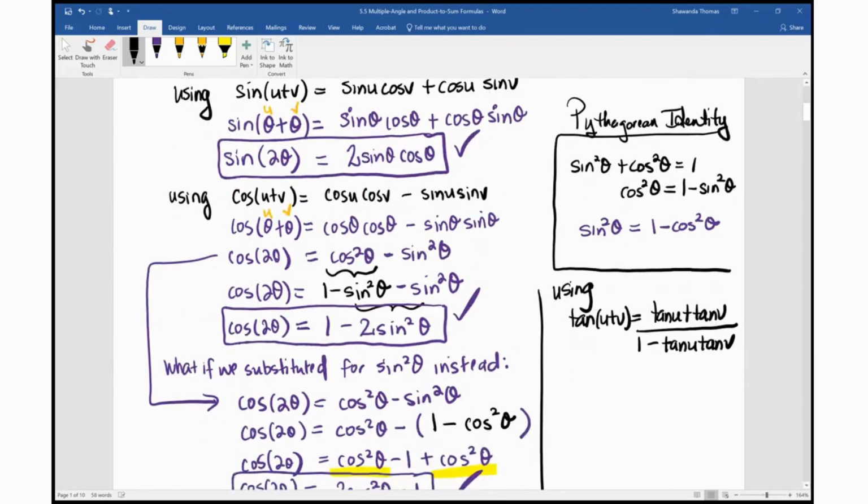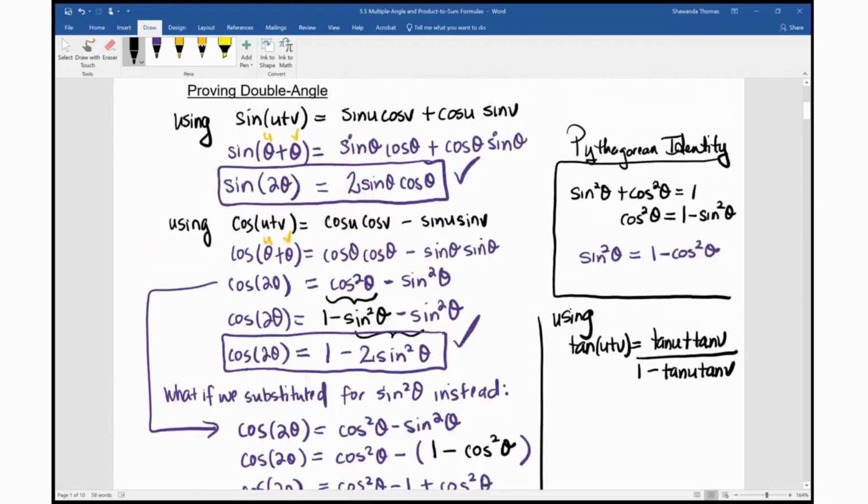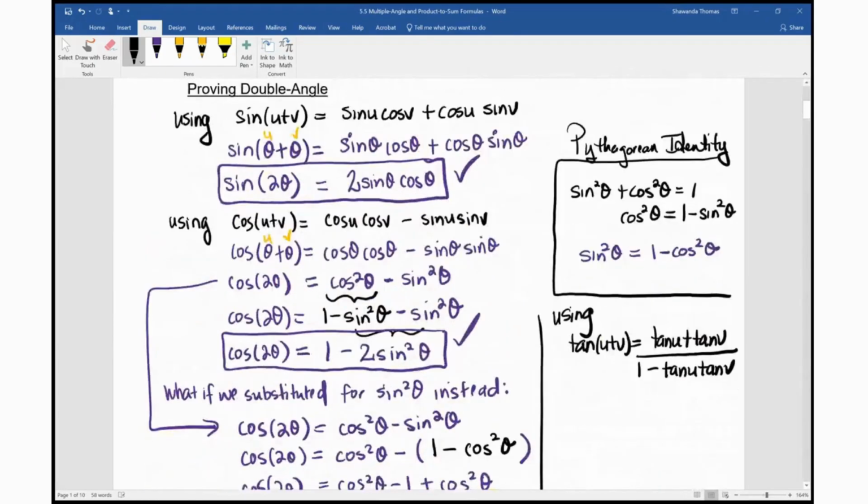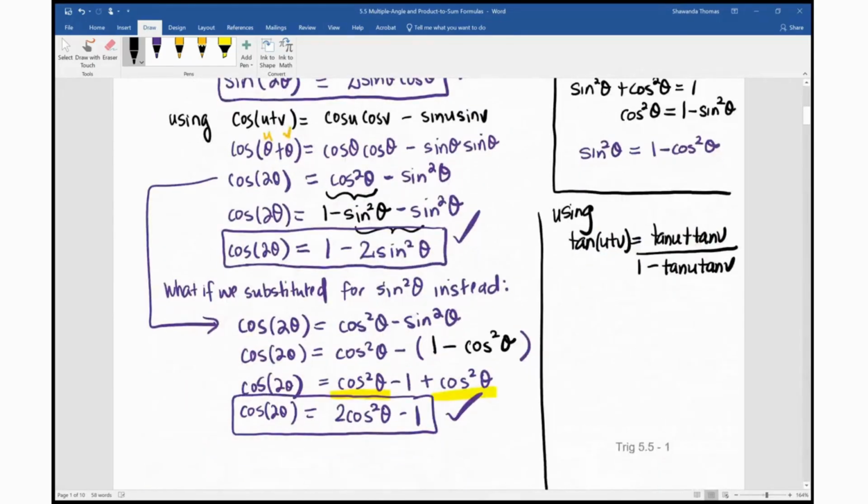We're going to use that one to come up with this tan of 2 theta identity. So again, we're going to say our u and v are theta and theta. So that would be tan of theta plus tan of theta over 1 minus tan theta times tan theta. What is tan theta plus tan theta?